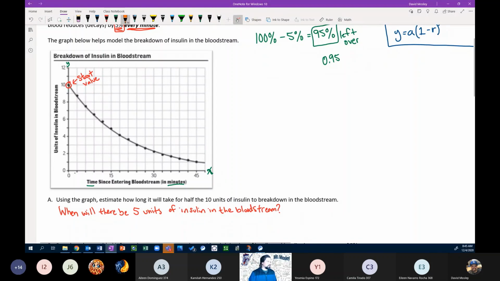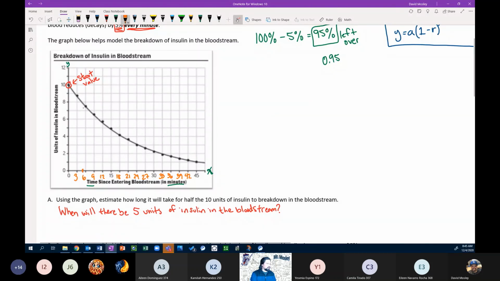So let's look here. We're looking at our graph here. Each mark here is 3 minutes. So 5 minutes is going to be right about here.